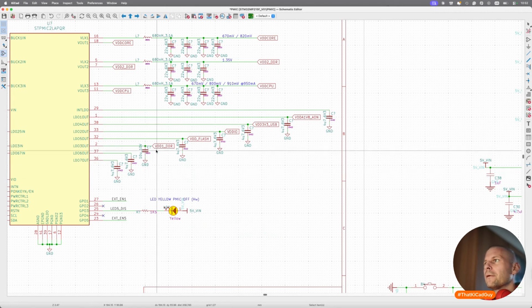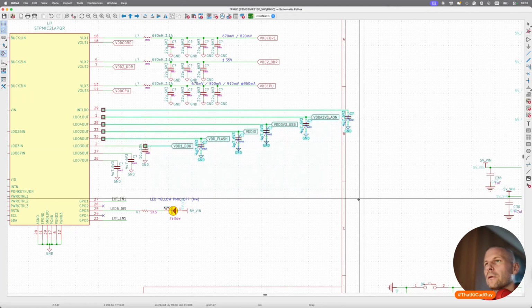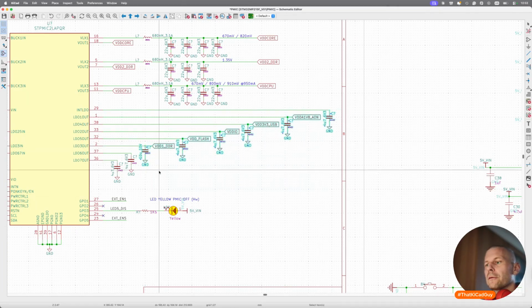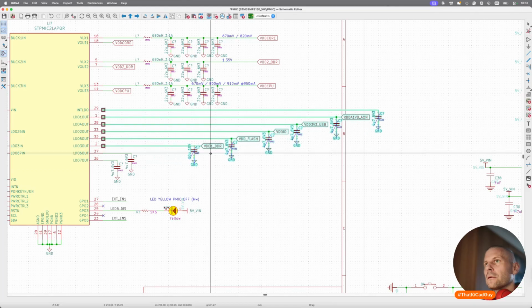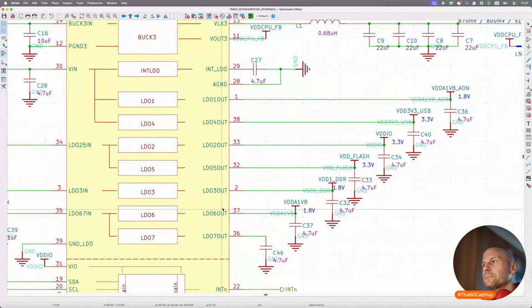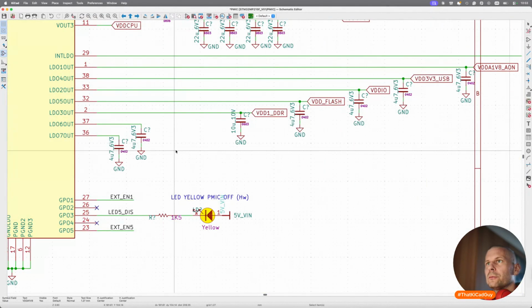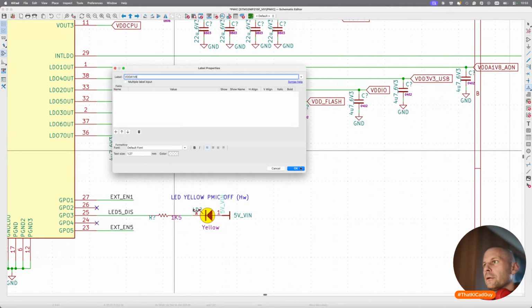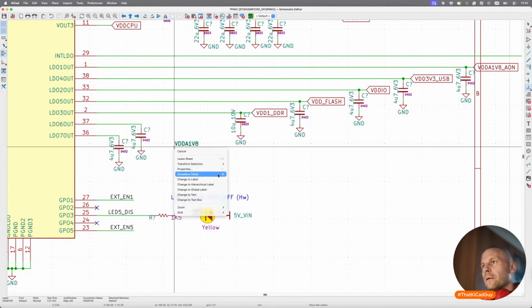Yes. Okay, so more space, including this cap. LDO6 is this. LDO7 has no output. Okay, so this is the last label. Change to global.